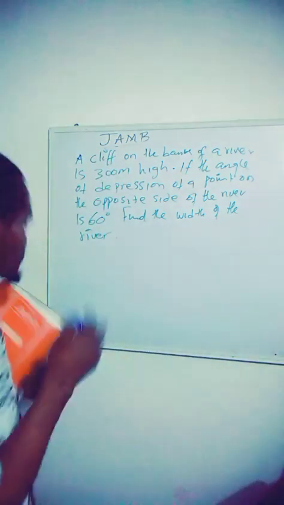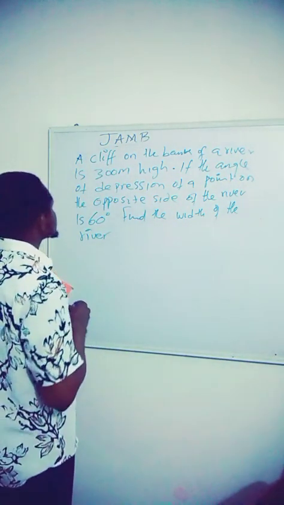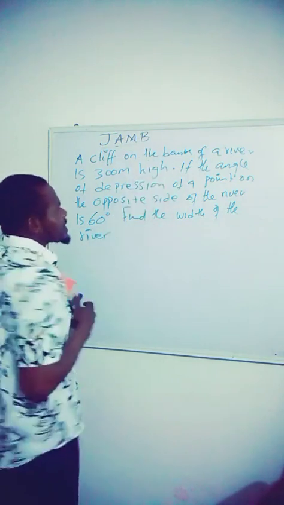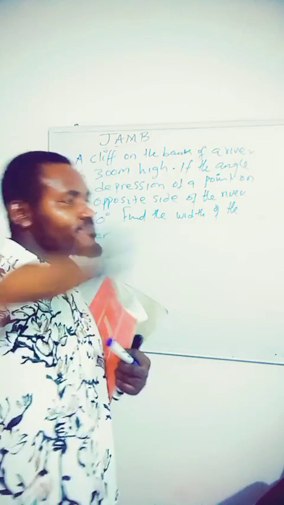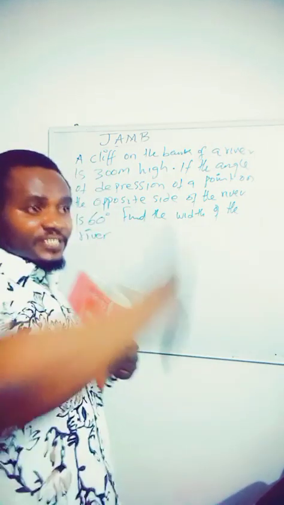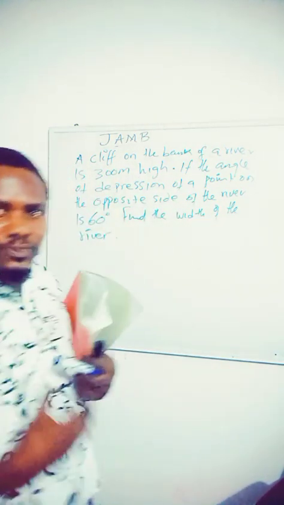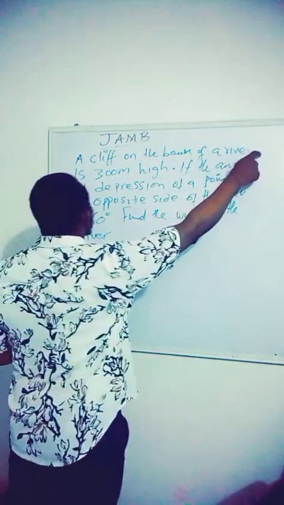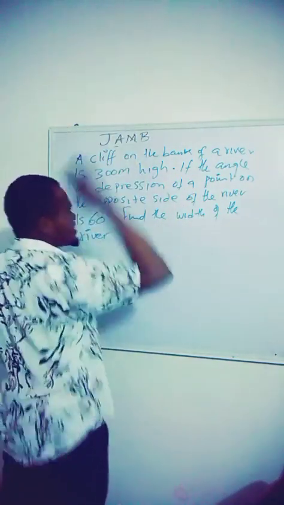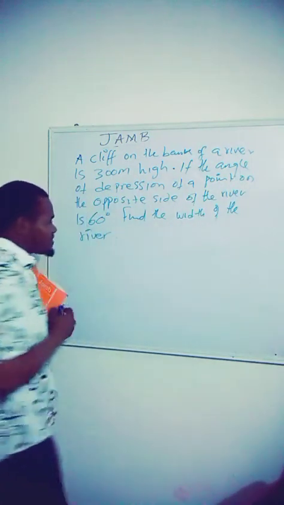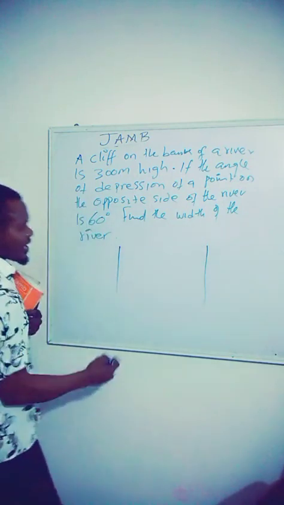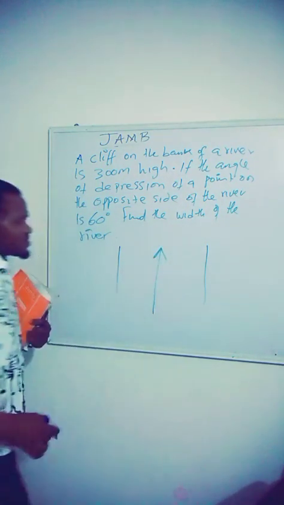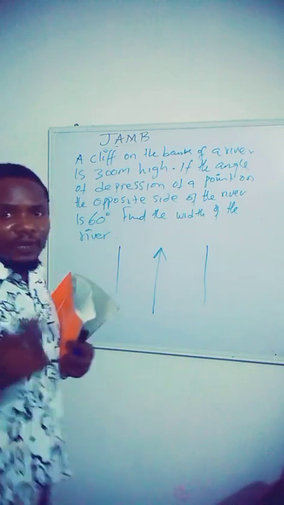So I hope you can see the question. A cliff on the bank of a river. The bank is the brim, the extreme end where the river stops. The bank of a river is 300 meter high. So let's say we have two cliffs from one end and water is flowing this way.